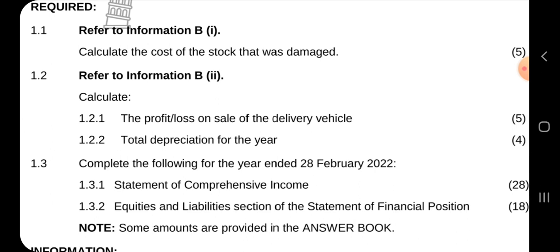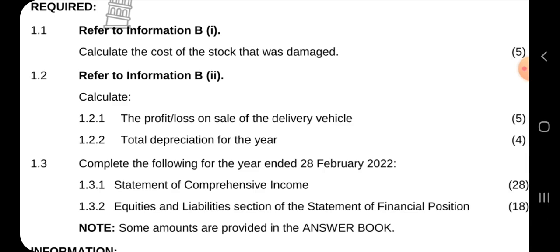If the amount that we sell the fixed asset for is way bigger than our carrying value, that is a profit.